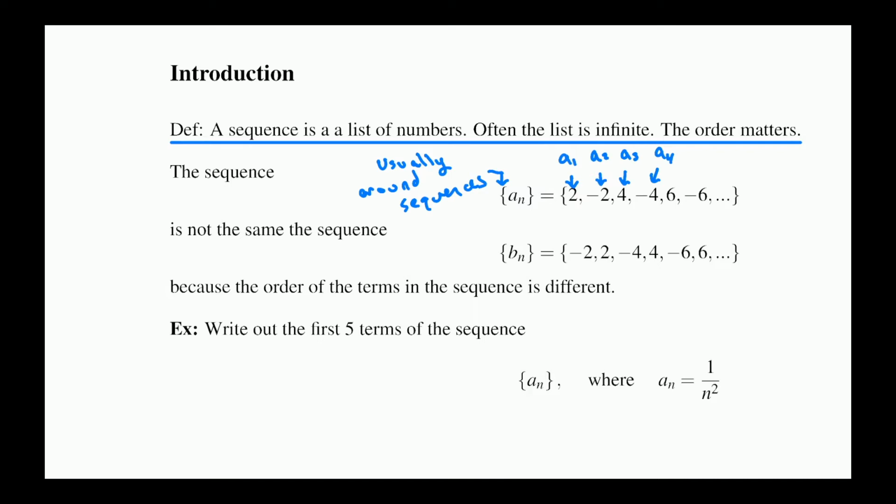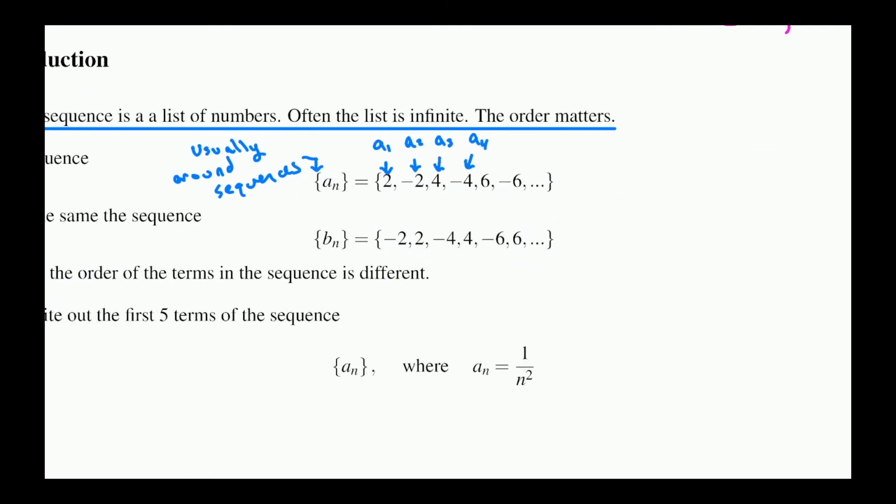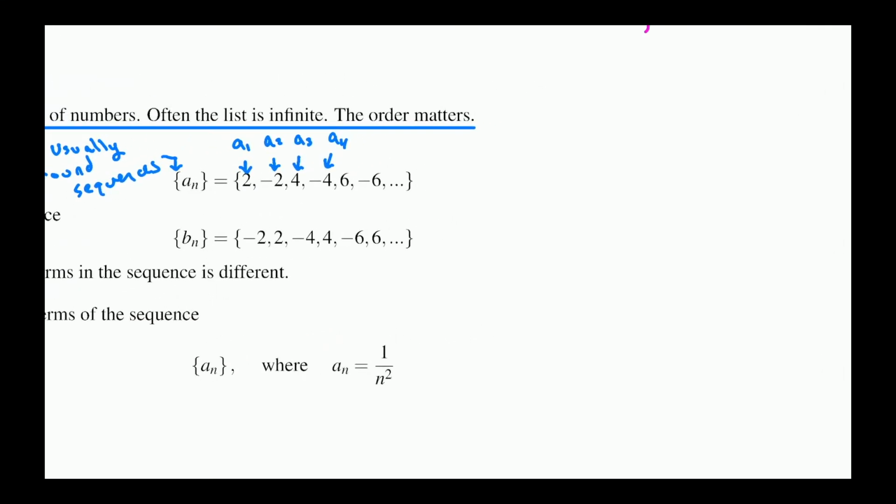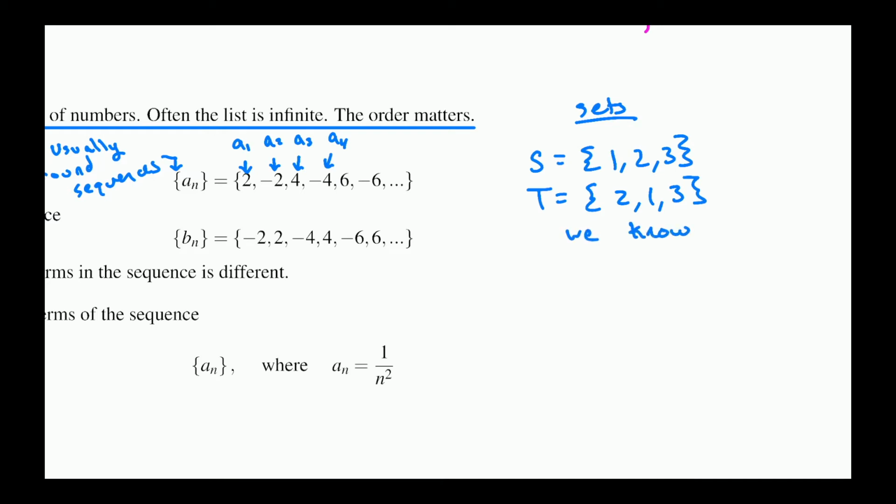So it's not a set, even though we use curly braces for sets. With a set, it doesn't matter what the order is. If I say S equals the set {1, 2, 3}, and set T is {2, 1, 3}, we know that S equals T because they have the same elements.